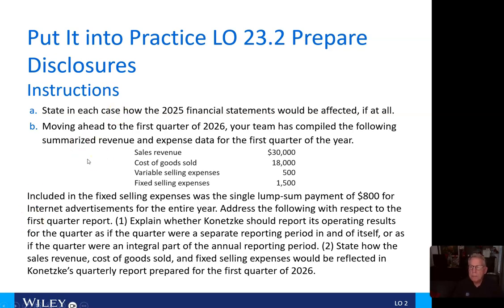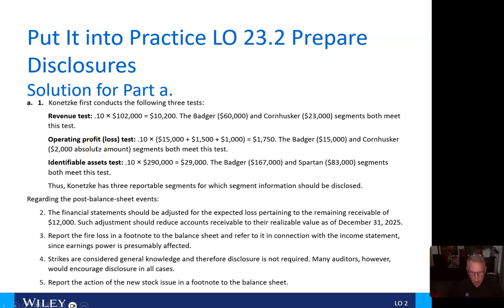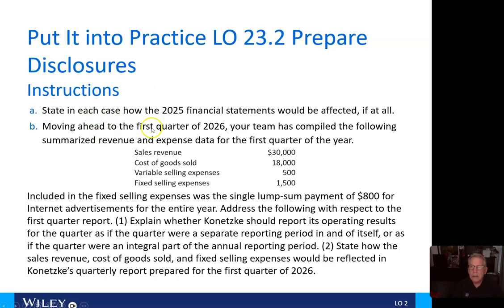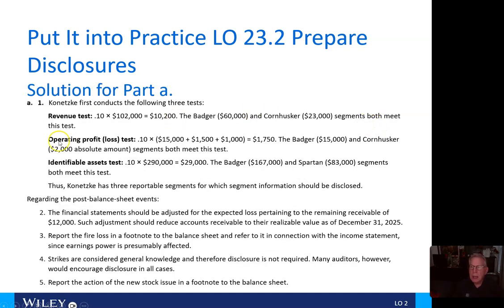So for Alpha, we'll go back to Alpha, state in each case how they would be affected. We're going to look back at the revenue test. We'll take 10% of revenues here, which is $10,200. Badger and Cornhusker segments both meet that test. We'll take a look at the operating profit test. 10% of that is $1,750.